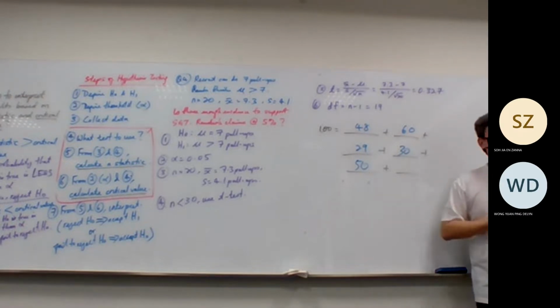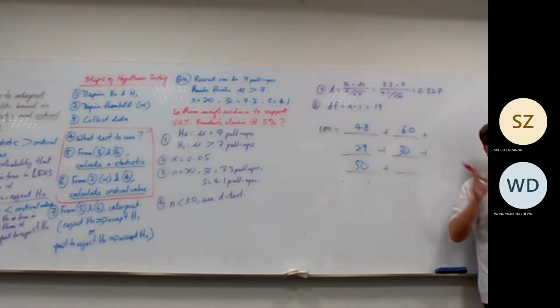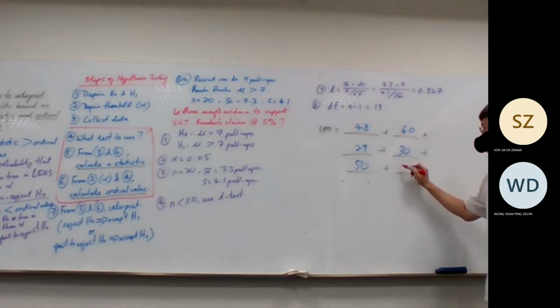The total is 100. So somebody find what's the last number? Calculator. Are you sure? 200, right? More than that? I don't know. Make sure you calculate correctly. So negative 1, 1. Okay.